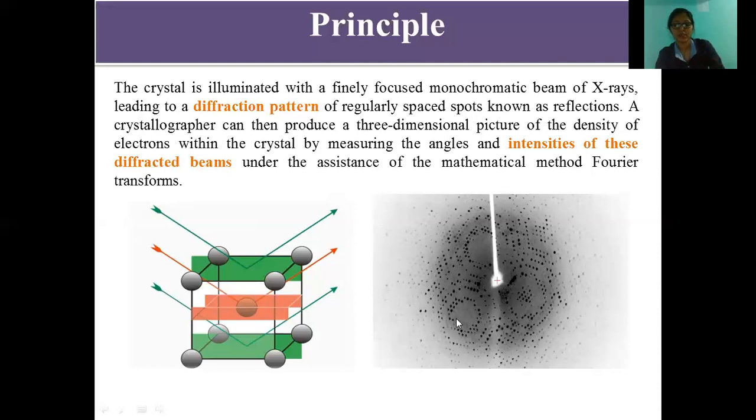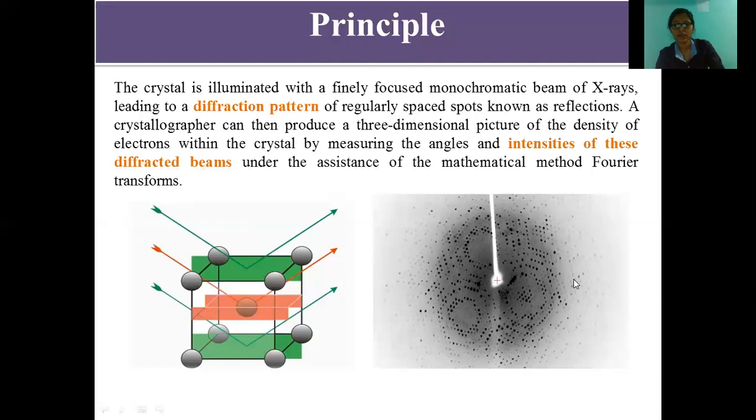This concept is clear in the second diagram. In this second figure you can see some small spots, but there is a variation in the size and the intensities of the spots. Some of these spots are very dense and larger in size. Some are very light and very small in size.